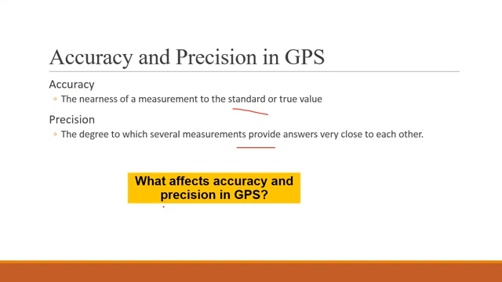What affects accuracy and precision in GPS? We will see the factors which affect accuracy and precision in GPS, which are known as errors in GPS.